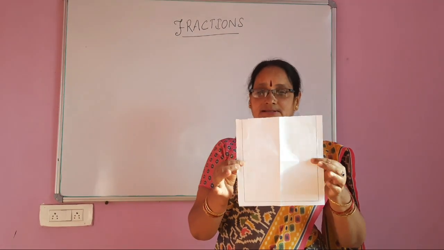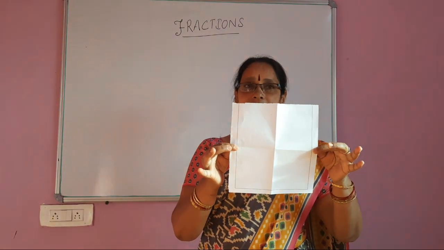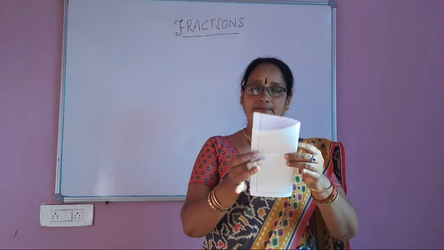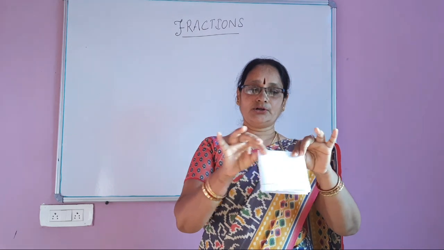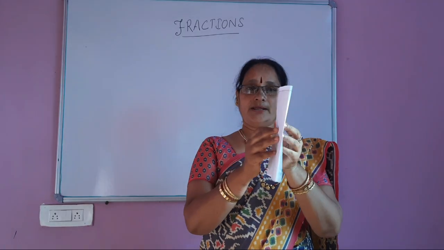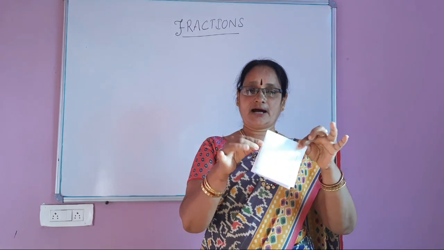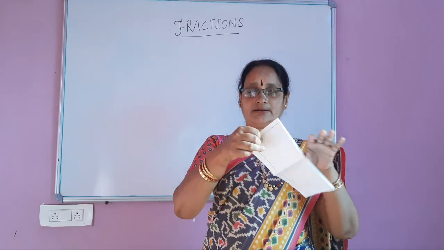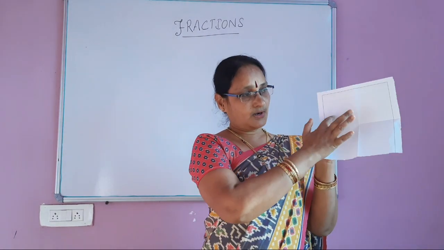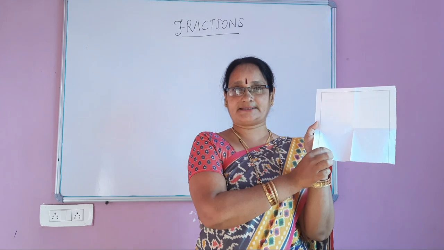See here students, this is one square shaped paper. This square shaped paper I just fold into two folds. See here, 1, 2 folds. After folding this paper into two folds, now you can see 1, 2, 3, 4 parts.